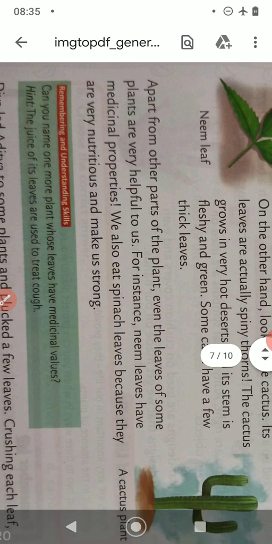Apart from other parts of the plant, even the leaves of some plants are very helpful to us. We all know the leaves of medicinal plants. Everybody knows about neem leaves, they have medicinal properties. We also eat spinach leaves because they are very nutritious and make us strong.